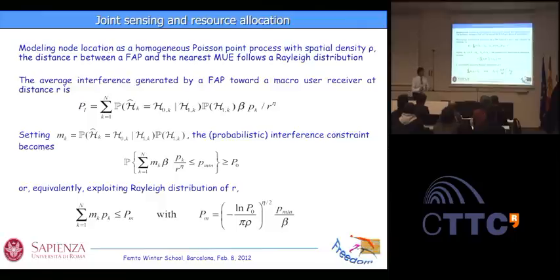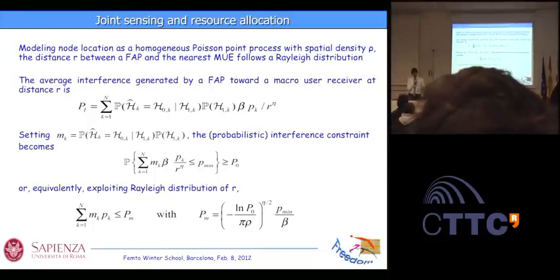Now what about R? If we model the distribution of macro users through space as a homogeneous Poisson process with a given spatial density rho, expressed in number of nodes per square meter, for example, we may say the following. If this is the distribution of the nodes, what is the probability density function of the distance between the femto access point and the nearest macro user?